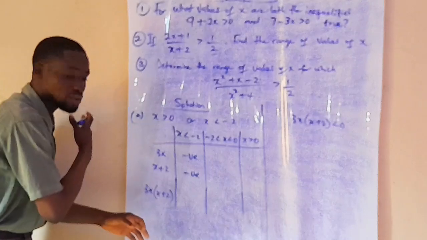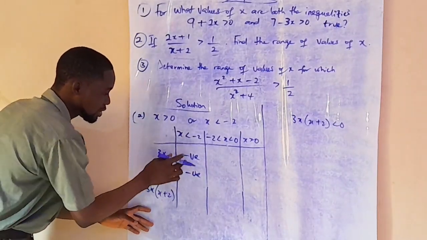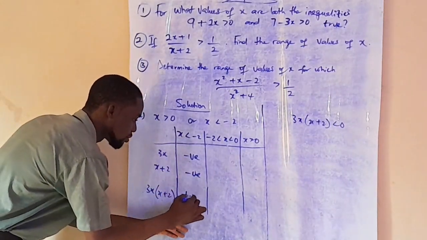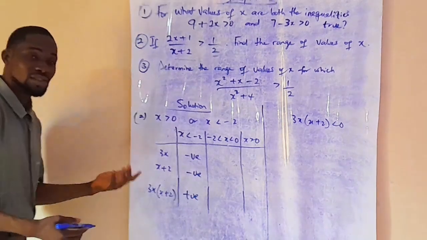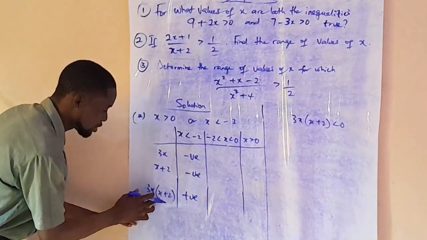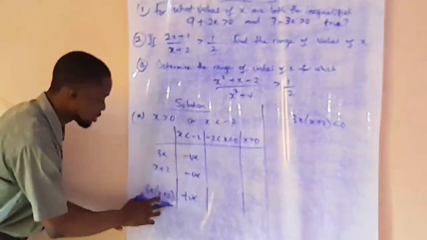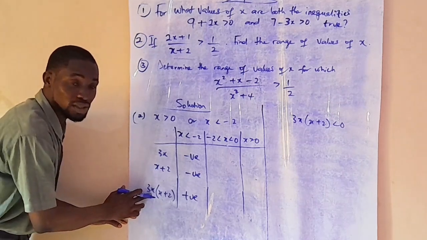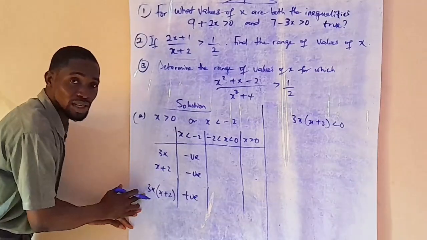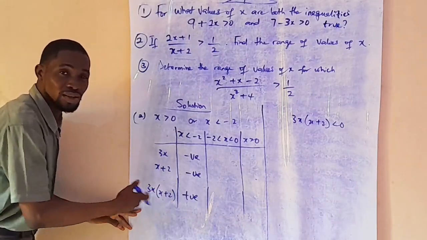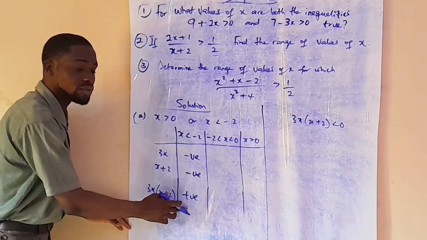And if you try values behind it also, negative times negative is positive. Or let's still try minus 3: minus 3 plus 2 is minus 1, and 3 times minus 3 is minus 9. Minus 1 times minus 9 is plus 9. If you try other negative values, you get positive.